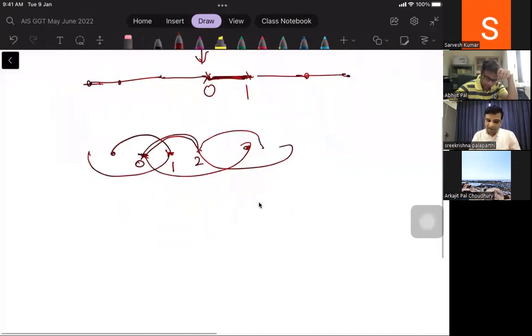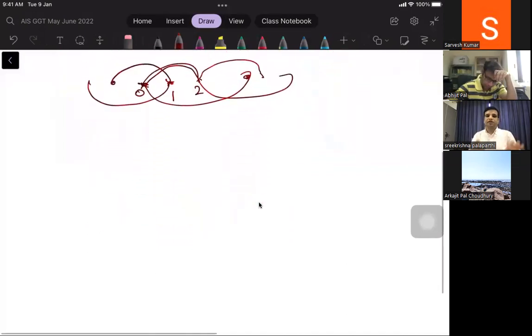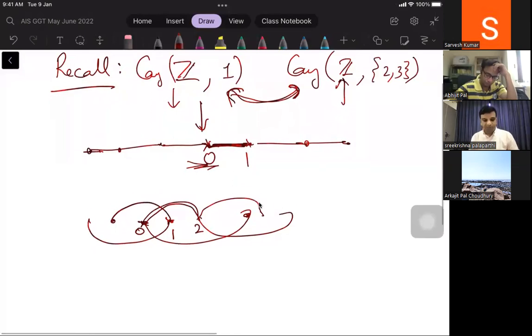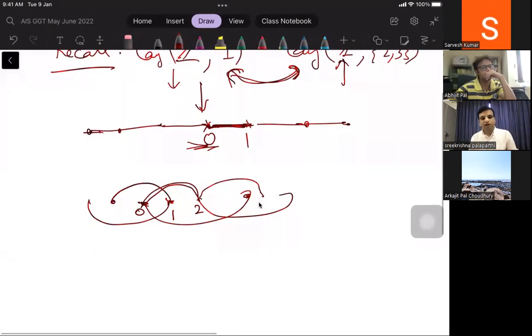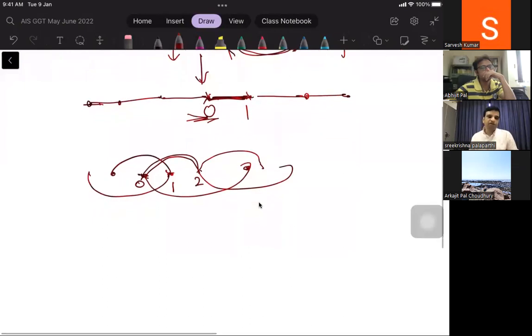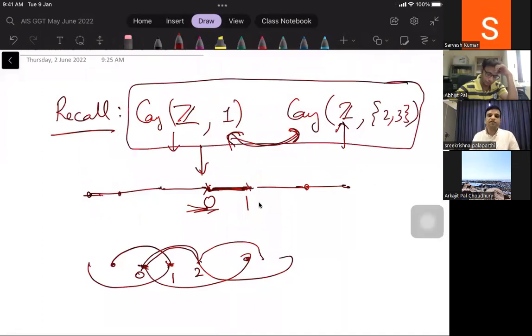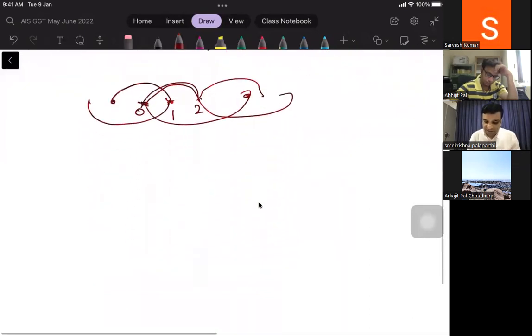Okay, so hence we need grosser definitions which forget the nice topological information, if you will, on these sort of metric spaces. What that means is that we have to actually forgo continuity in order to make the Cayley graphs of Z with whatever finite generating set sort of equivalent. Okay, so we will see that.